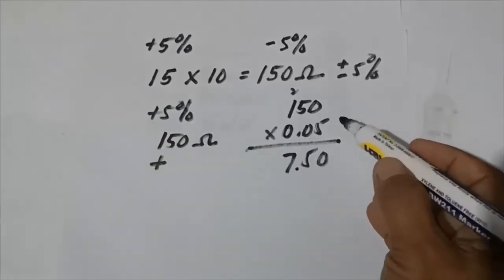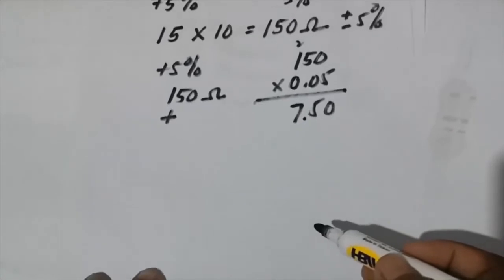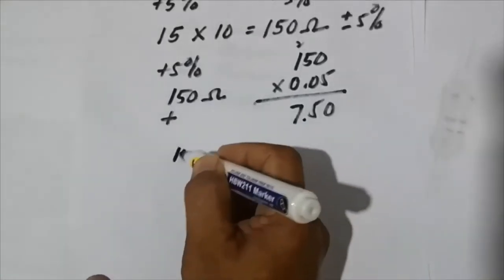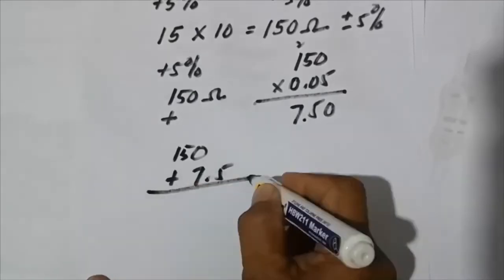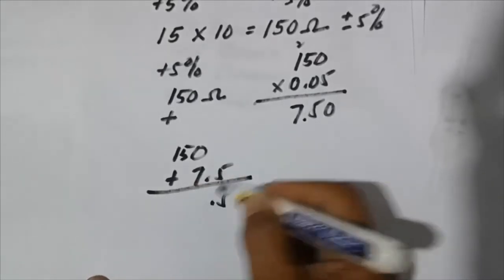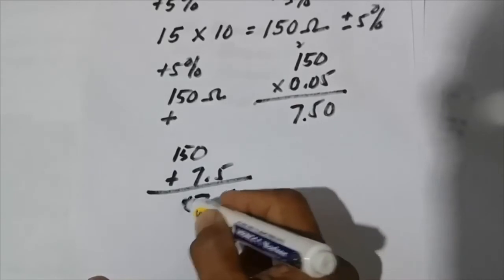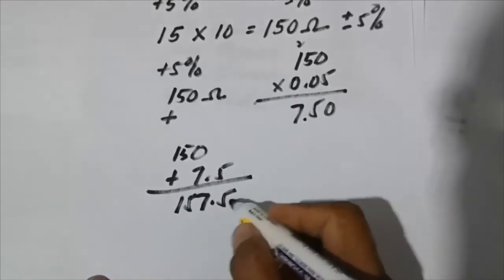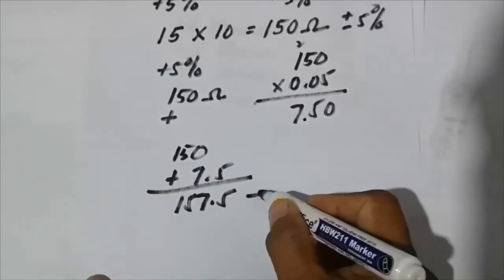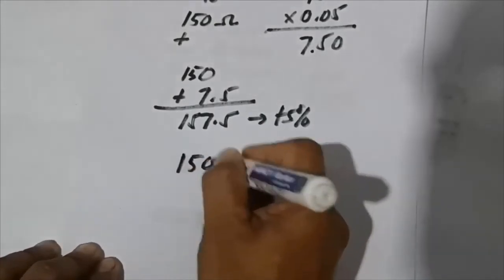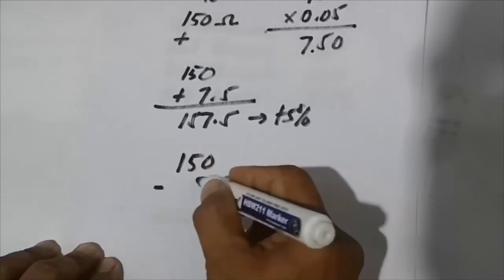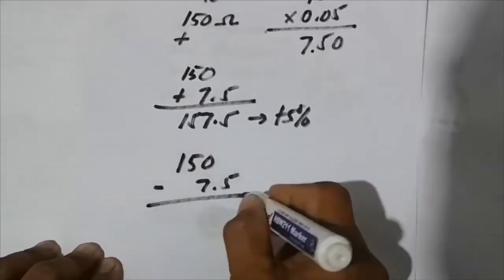So the positive 5% is 150 plus 7.5, that will give us 157.5 ohms. This is now your positive 5% of the tolerance. To get the negative 5% tolerance, we will be subtracting 7.5 from 150.